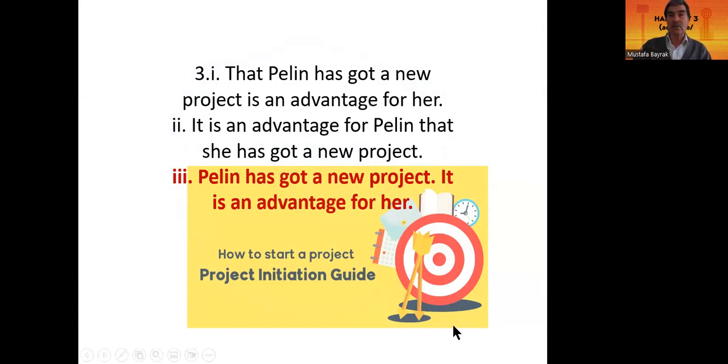So the source of those Roman number 1 and 2 is this. Pelin has got a new project, full stop. It is an advantage for her, full stop. How to start a project, initiation guide. Yes, initiating a project, starting a project.